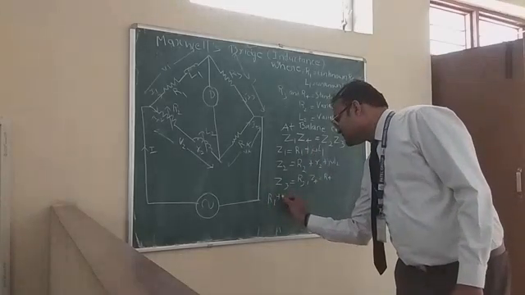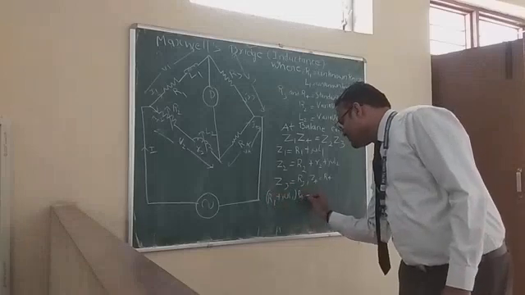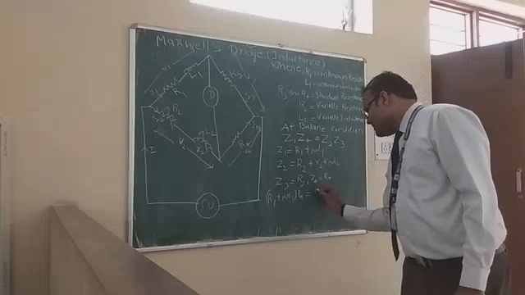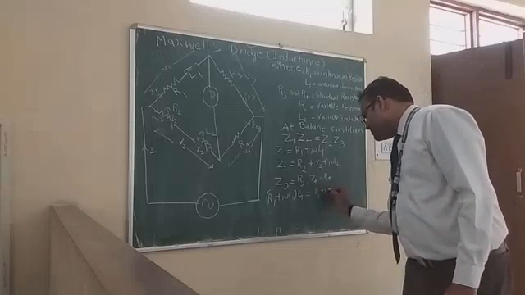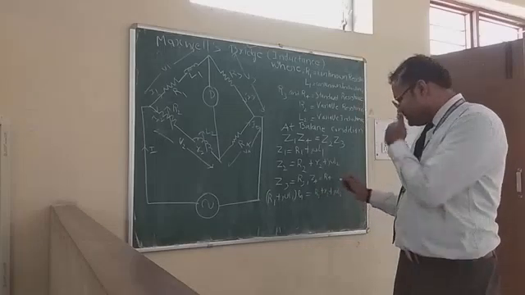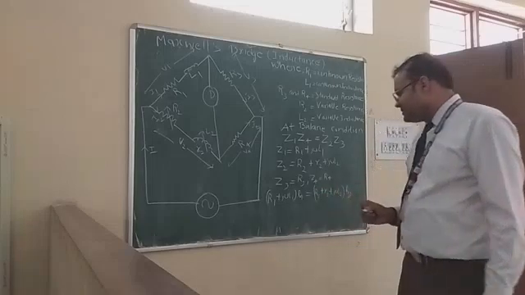R1 plus j omega L1 into R4 is equal to R2 plus j omega L2 multiply by R3. Okay?